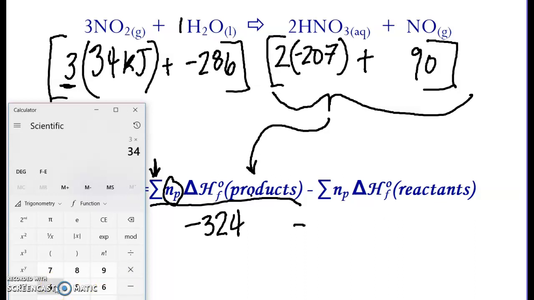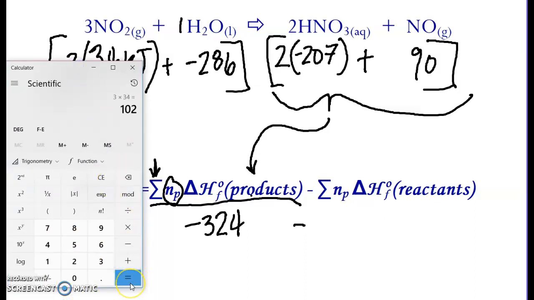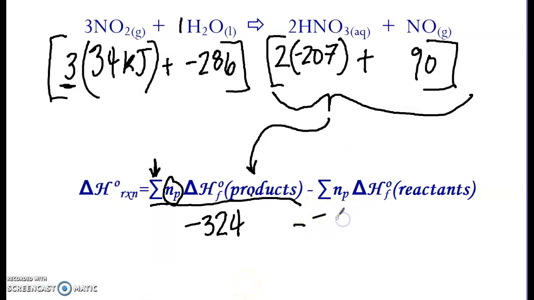That was positive, right? Yes. Which gives us 102 plus negative 286 equals negative 184. So minus negative 184.